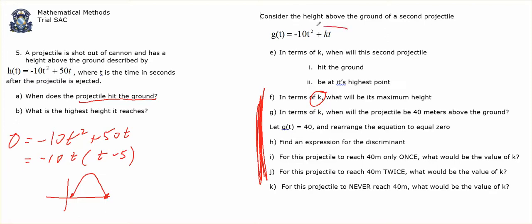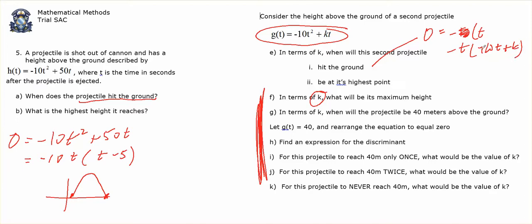So if I was now to consider g of t, when does it hit the ground? Well, 0 equals minus 10t, t plus k... let me do that again.